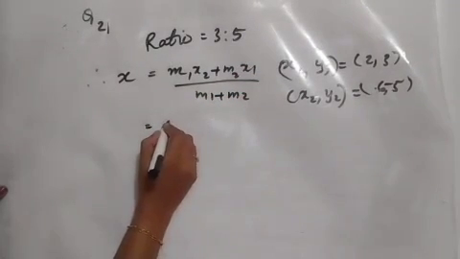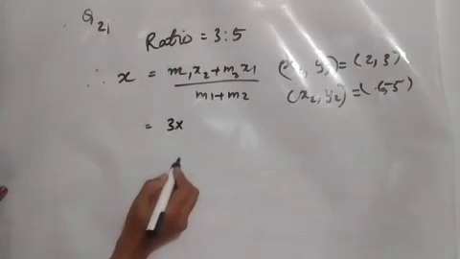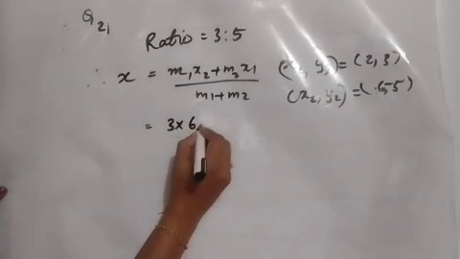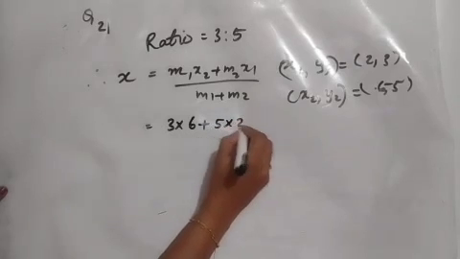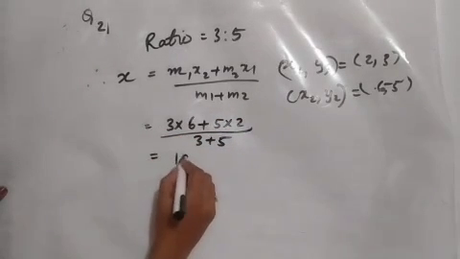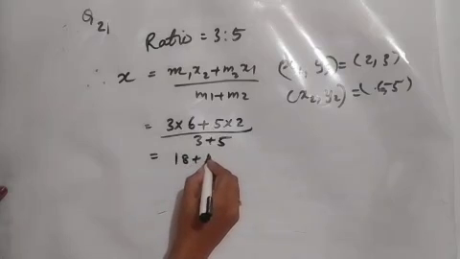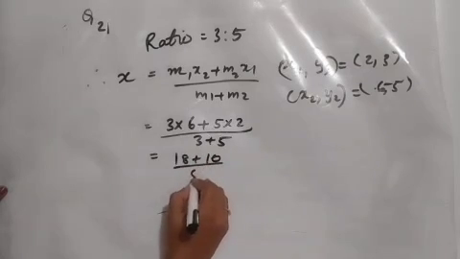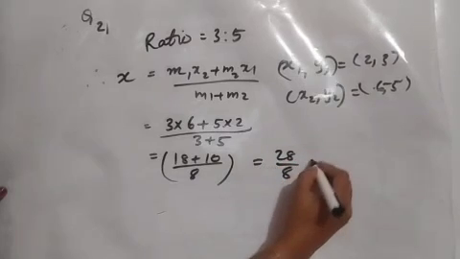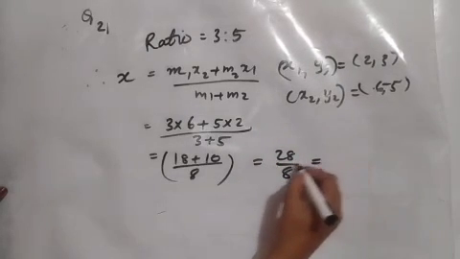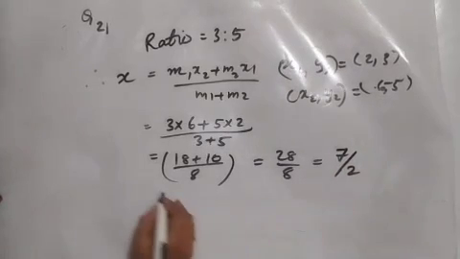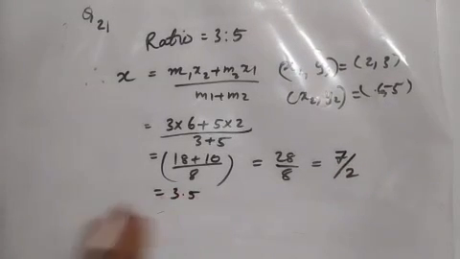Substitute that. m1 is to m2 is 3 is to 5. Therefore 3 into 6 plus 5 into 2 by 3 plus 5. That is 18 plus 10 by 8, 28 by 8. Or you can divide these two by 4, 7 by 2 or 3 and a half, 3.5.